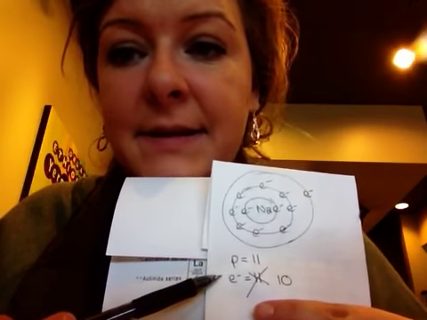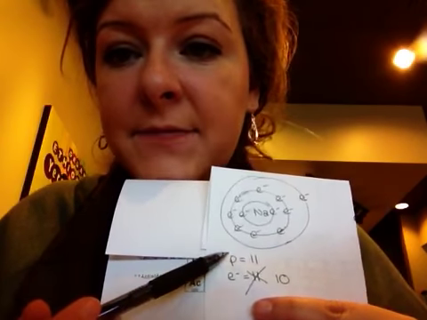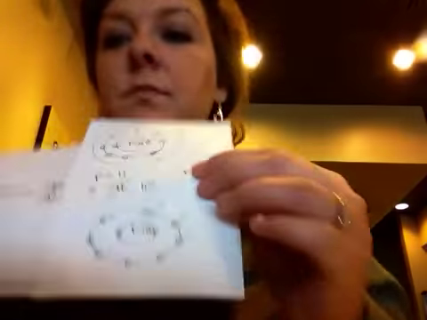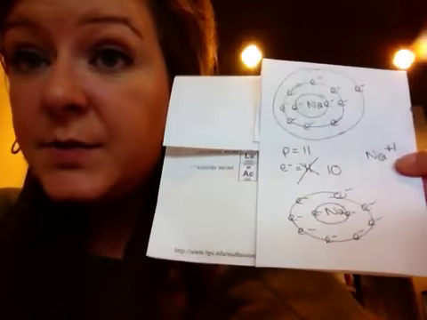And if that's the case, since I have one more positive charge than I do a negative charge, sodium will end up having a +1 charge. So sodium ends up having a +1 charge.